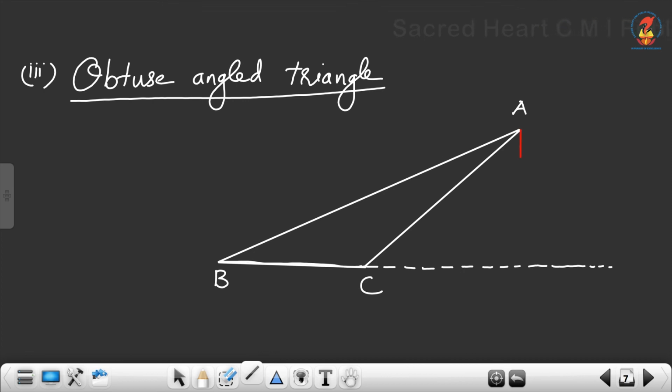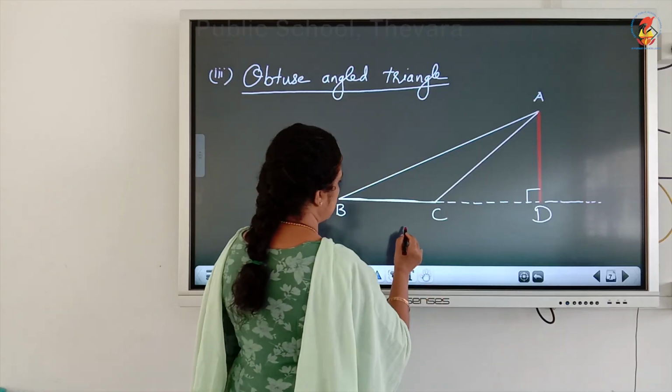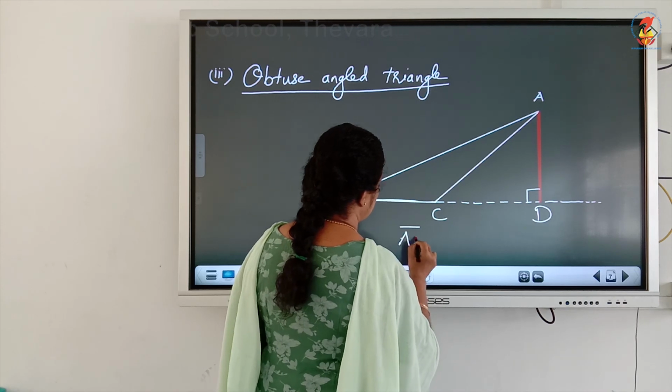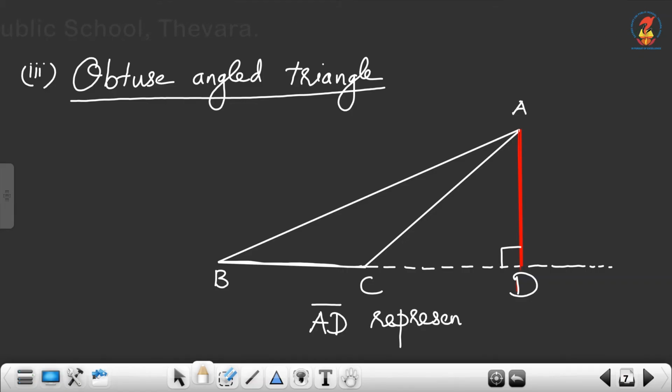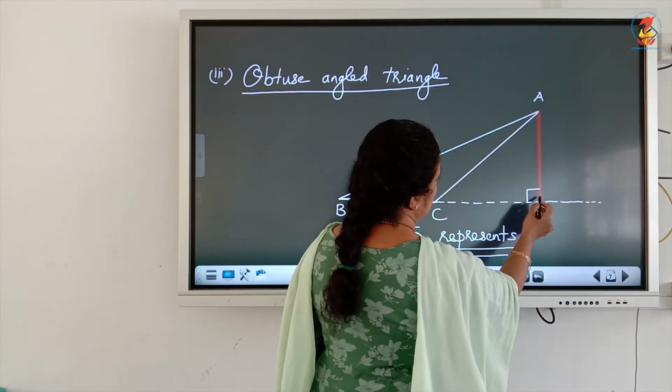Then from A, draw the perpendicular line segment. AD represents the altitude.